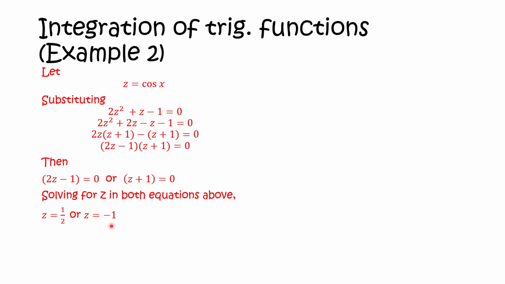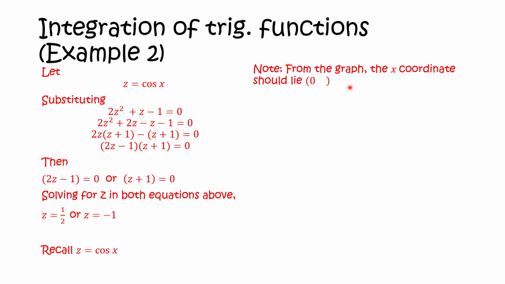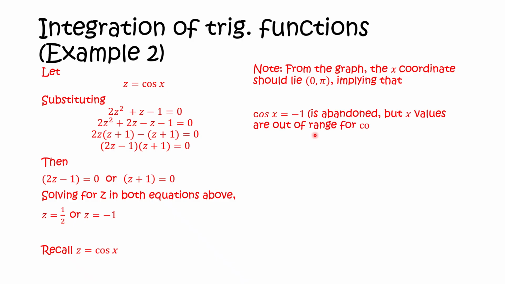And recall, z is equal to cos x. Now, from the graph, remember the x coordinate should lie between 0 and pi. The value of x, when substituted, should give us something that lies between that.